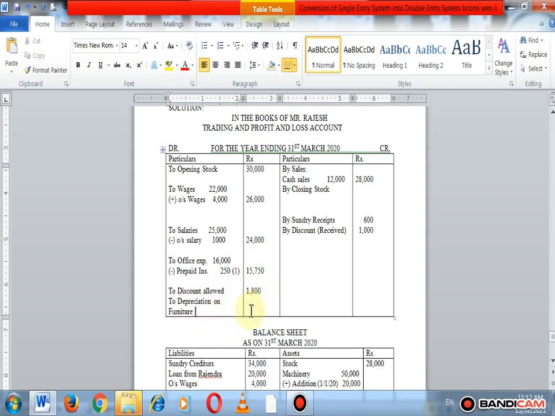Directly we write down the amount in the outer column, 400. Here depreciation on furniture rupees 400 in the inner column, and machinery depreciation will be added, and the total will be written in the outer column. So we write down the separate depreciation of furniture and separate depreciation of machinery.